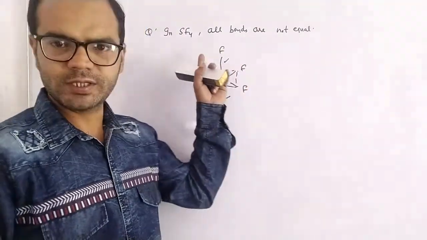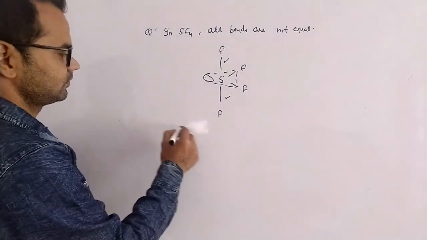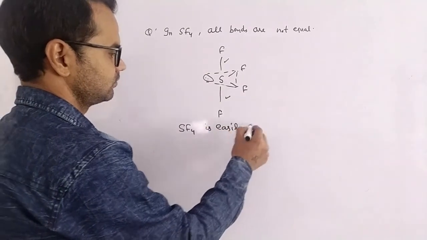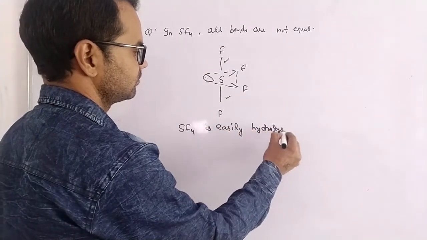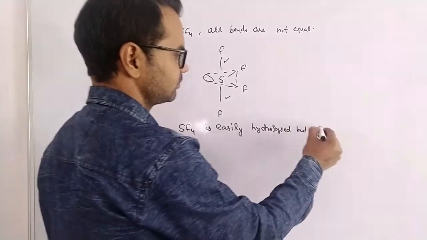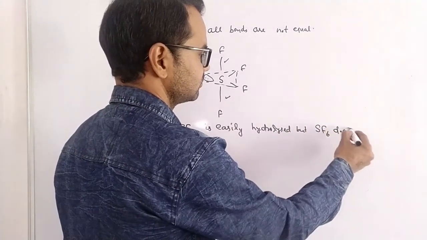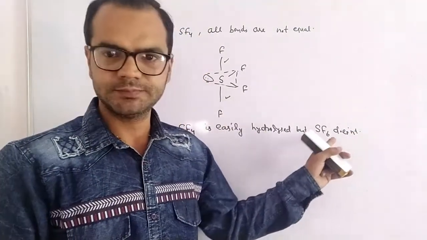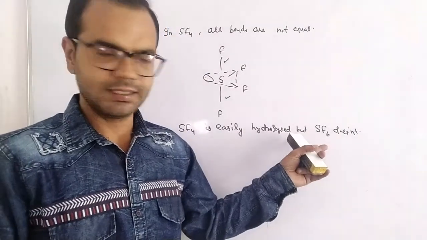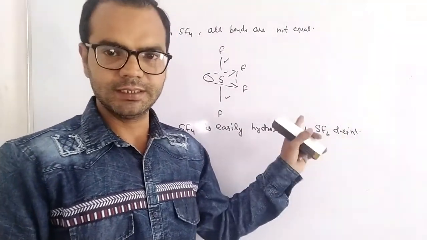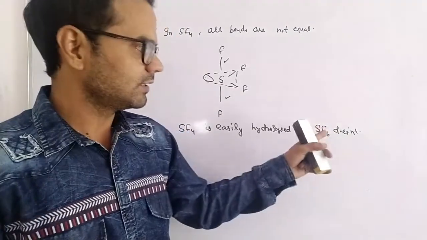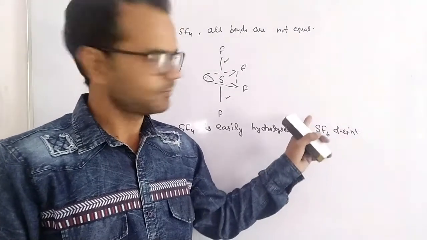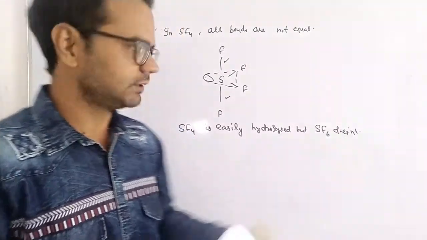There is another question related to SF4. The question is: SF4 is easily hydrolyzed but SF6 is not. Another question here again: why is SF6 chemically inert, why does it never react? So the answer is, in the SF6 molecule, sulfur has the maximum oxidation state and it is sterically hindered by 6 fluorine atoms.